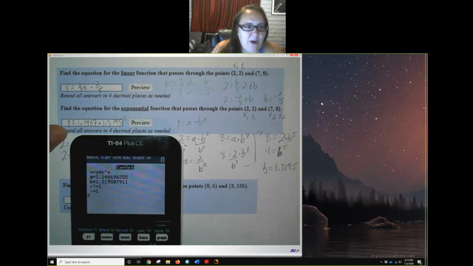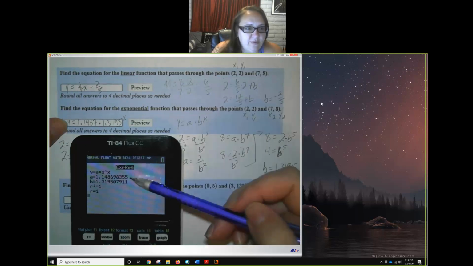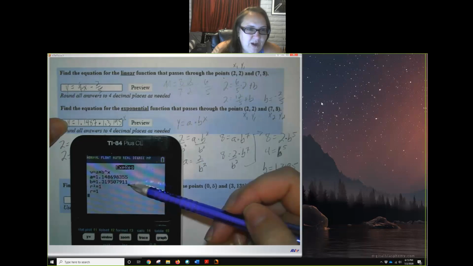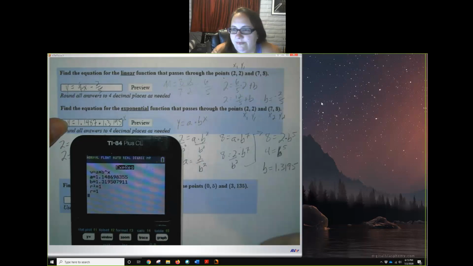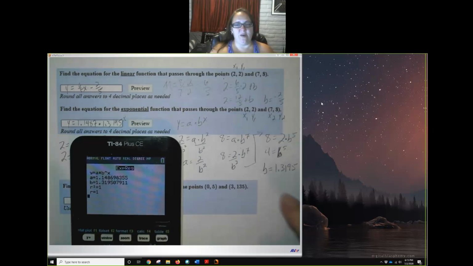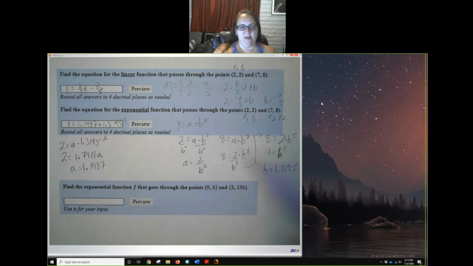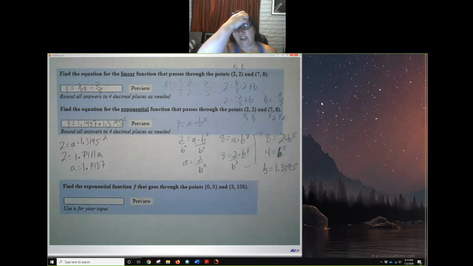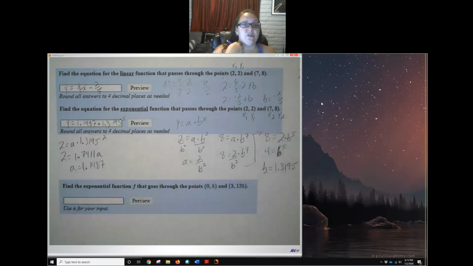And see how it's 1.1487, 1.3195. So if you hate everything that I just did, because it's not my favorite way to do it, then you can use that stat feature in your calculator to find those equations for you.